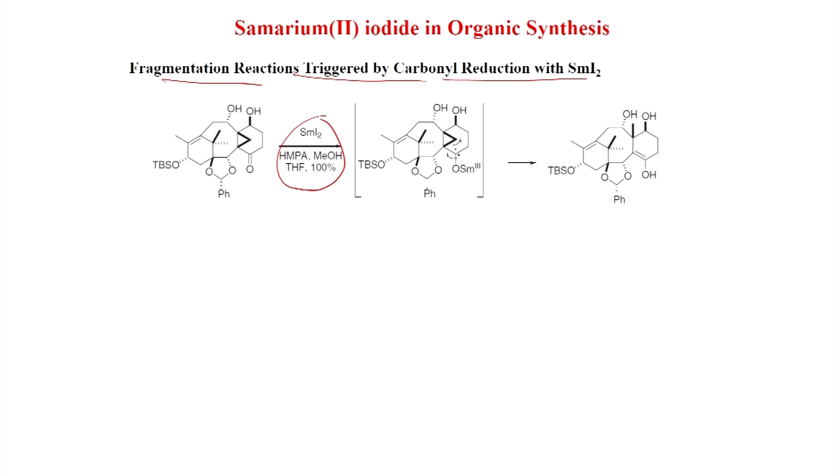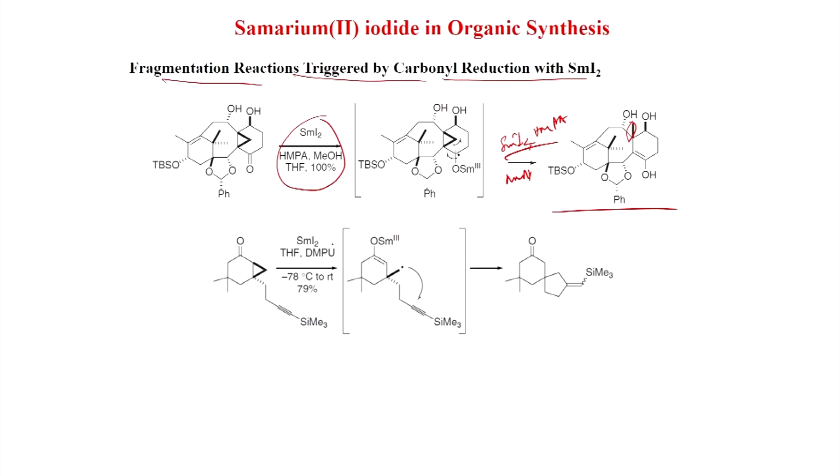So, enol will form, you can see this radical going here, and after quenching, samarium iodide and then methanol, you get this enol. This methyl is coming from the cyclopropyl group. So, this is very important. If your ketone has a cyclopropyl group, then there is a chance to break it.